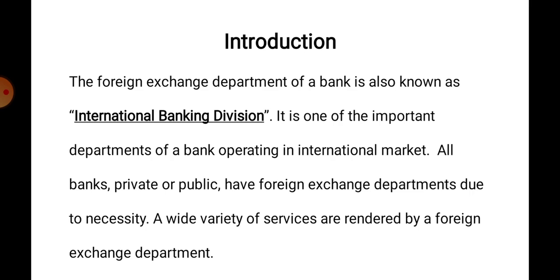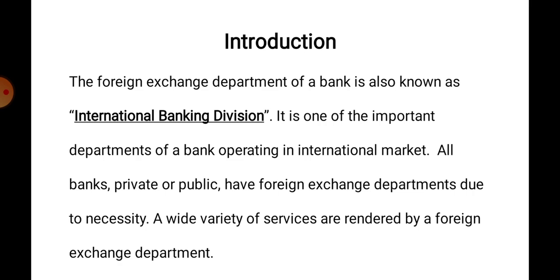A wide variety of services are rendered by a foreign exchange department. Therefore, we can conclude that the foreign exchange department of a bank is one of the various departments working under a particular bank in the foreign exchange market.